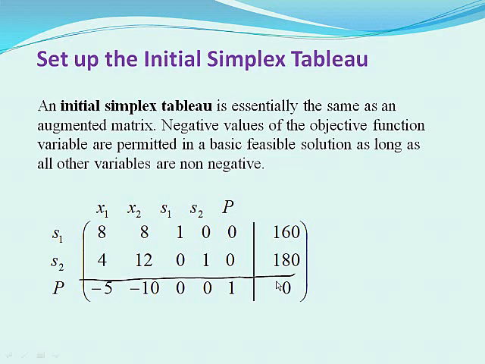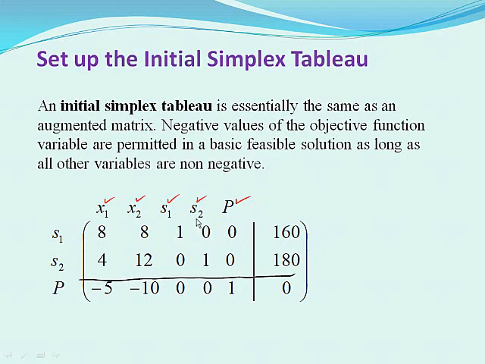Now we are going to set up what is called the initial simplex tableau. The initial simplex tableau is essentially the same as an augmented matrix coming from the system of equations we created. So we have the decision variables x1, x2, and the slack variables s1, s2, and the objective function variable p, which is also a decision variable. So we write the coefficients in the system of equations. Our first equation was 8x1 plus 8x2 plus s1 equal to 160.